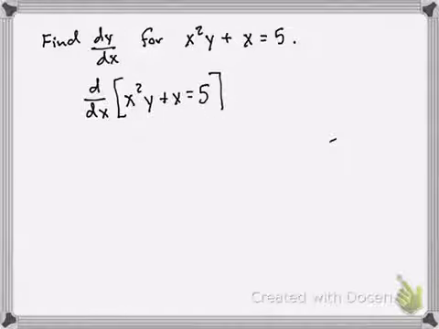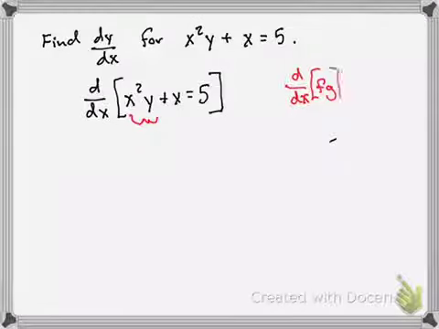Symbolically, remember, d/dx just means take the derivative. And before we get too far, I want to start by just thinking about this first term, the x squared y. And remember that when we have a product that we want to take a derivative of, something like f times g, what we get is the derivative of the first times the second plus the first times the derivative of the second.